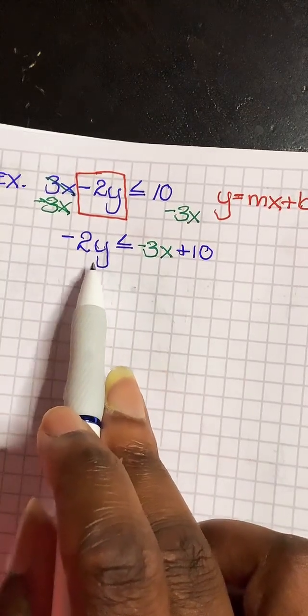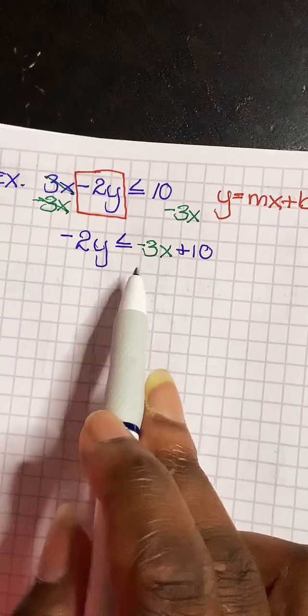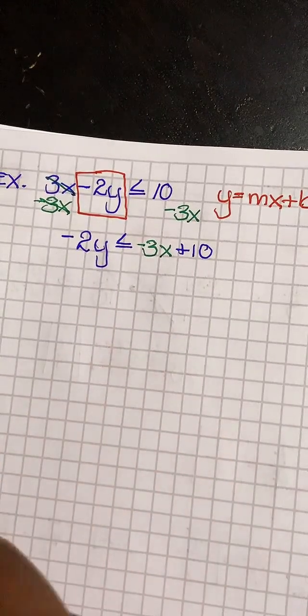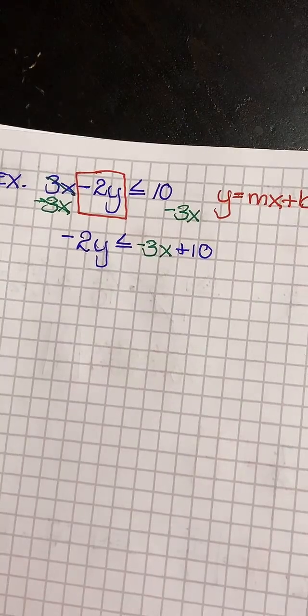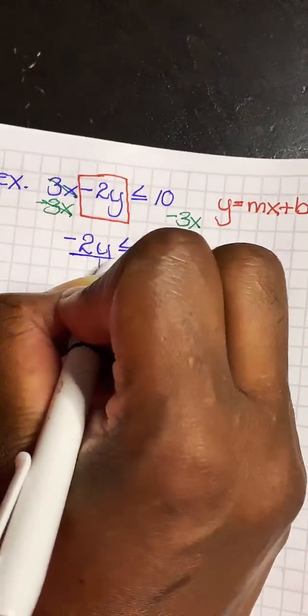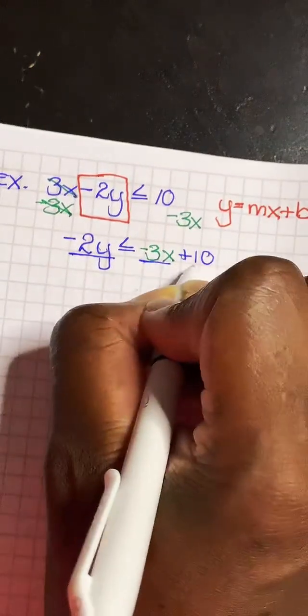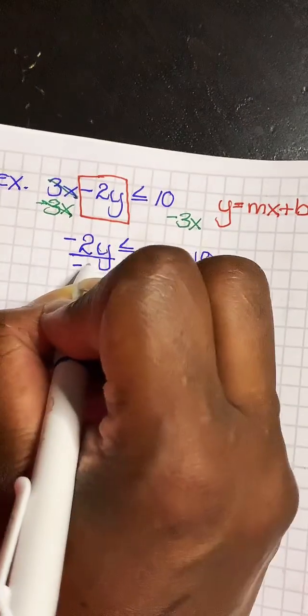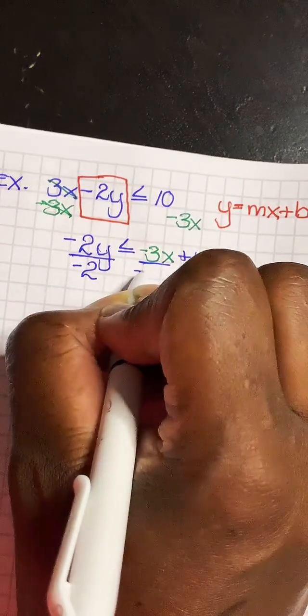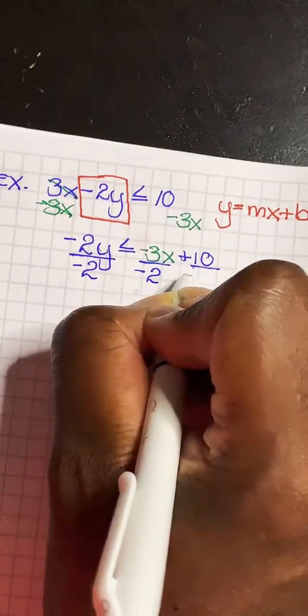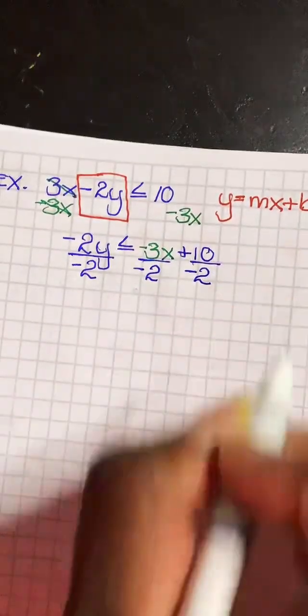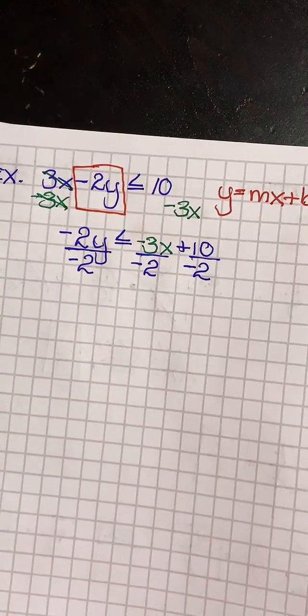So if we want to get y by itself, we're going to divide our -2 into everything. Okay.